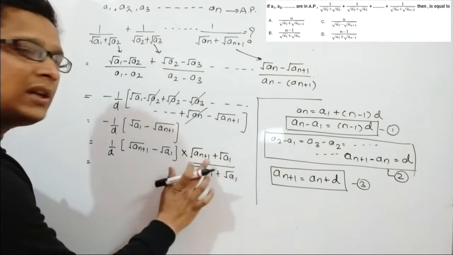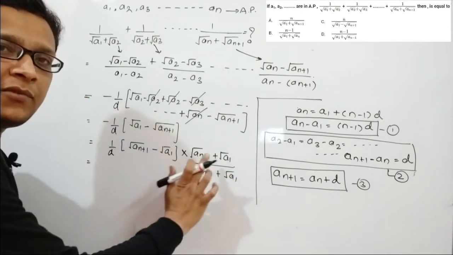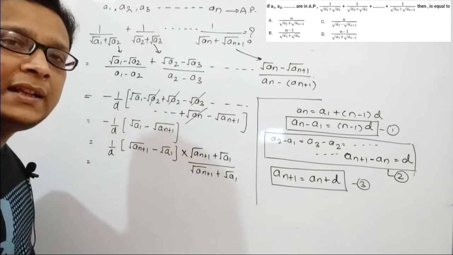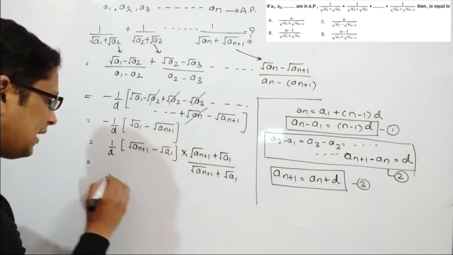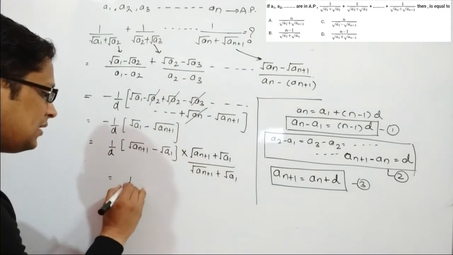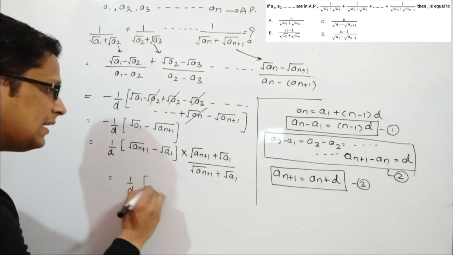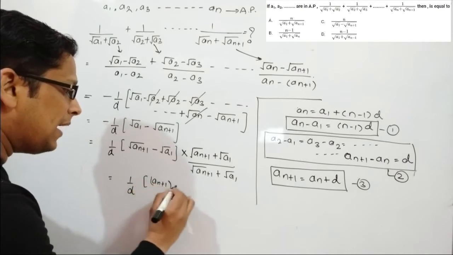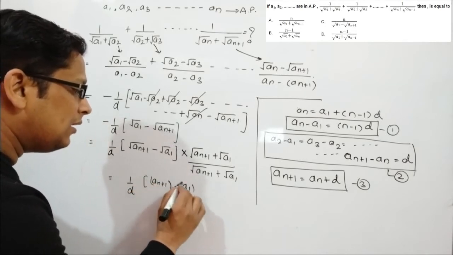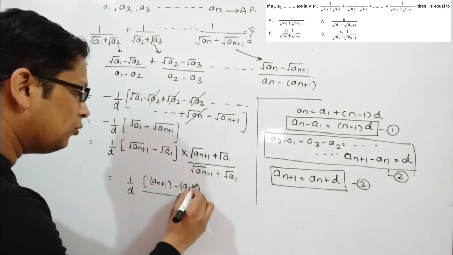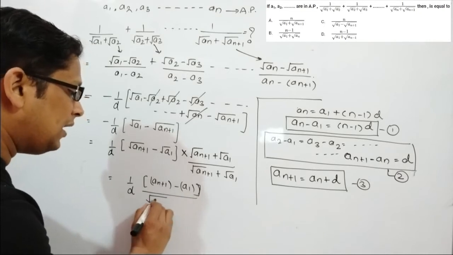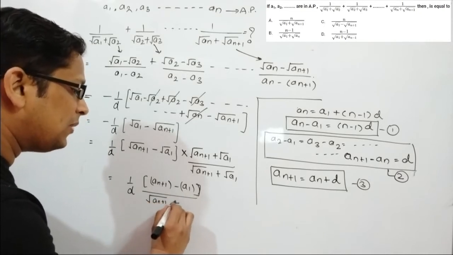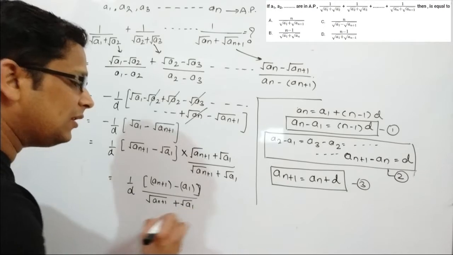So see, in the numerator a plus b and a minus b terms will be there, so we have to use the identity of a square minus b square. So this can be written as 1/d, and this can be written as (an+1) minus a1 divided by √(an+1) plus √a1 will be there.